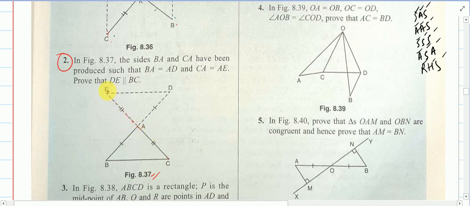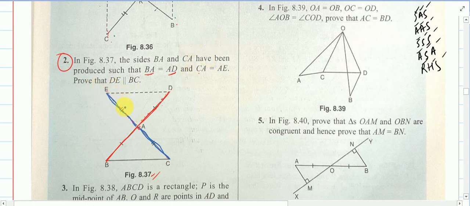AC is produced till E and BA is produced till D, such that AB is equal to AD. This length and this length are equal. Next they are saying that CA is equal to AE, that means AC is equal to AE.